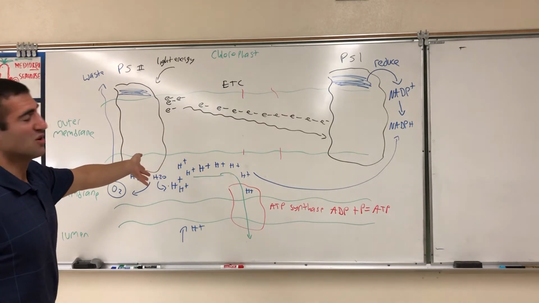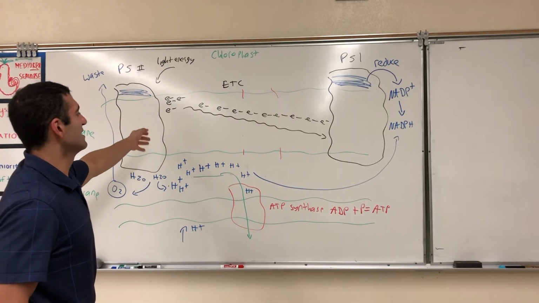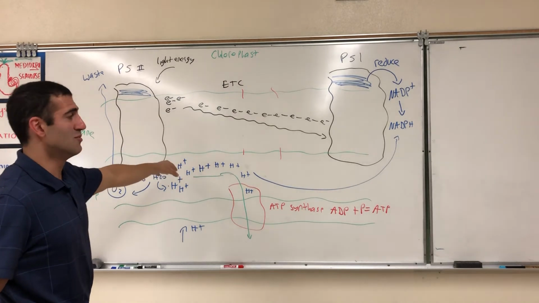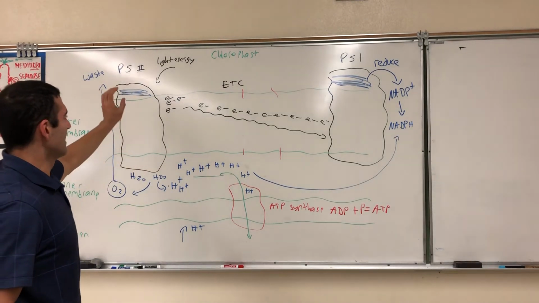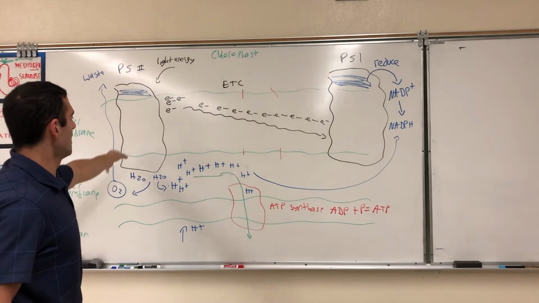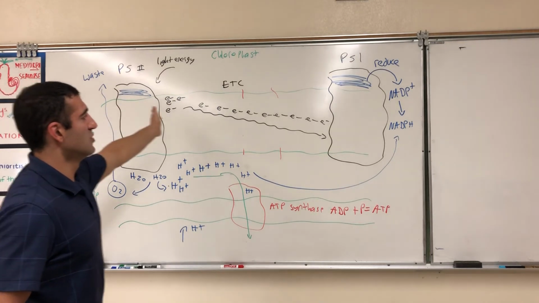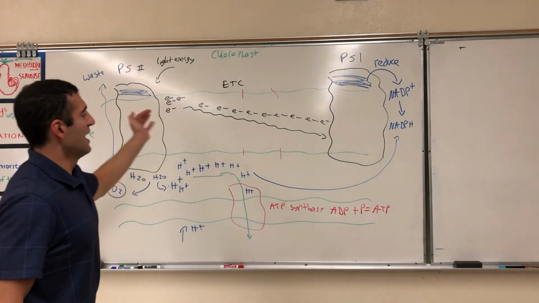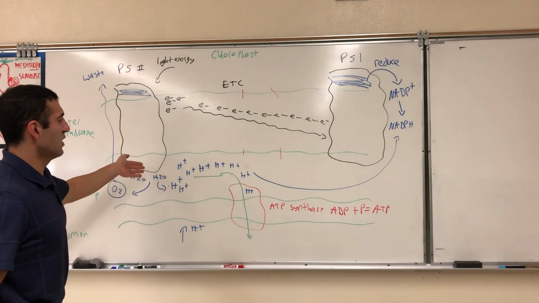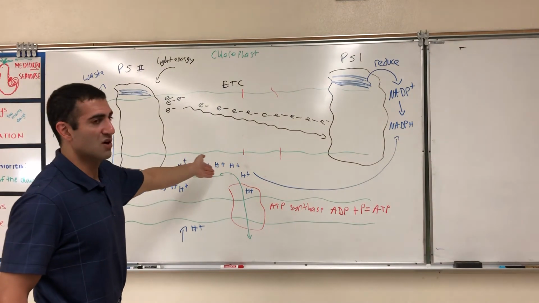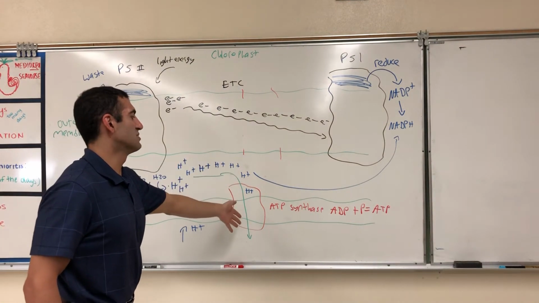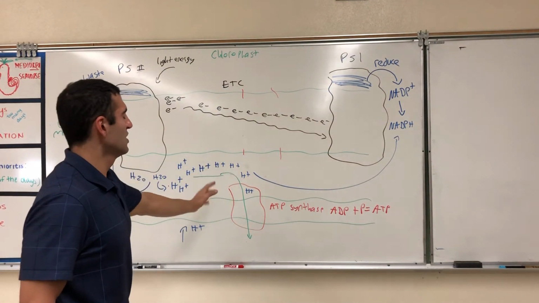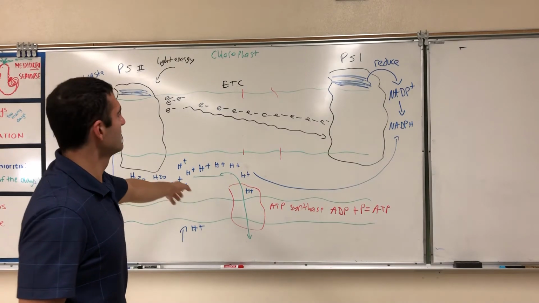The hydrogens, though, are going to collect in the space between the two membranes, and the electrons, also from the water, are going to move down the chain from photosystem 2 to photosystem 1. As that happens, the hydrogens released from water are going to move along with it, and it's going to be used to power ATP synthase, which is going to make ATP.